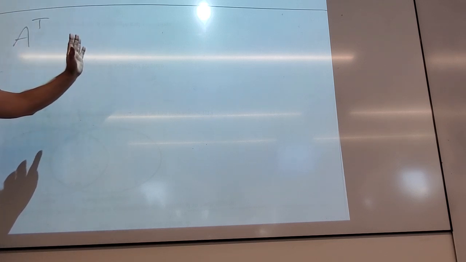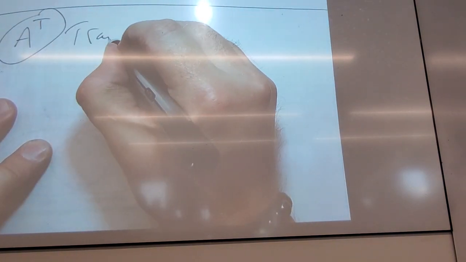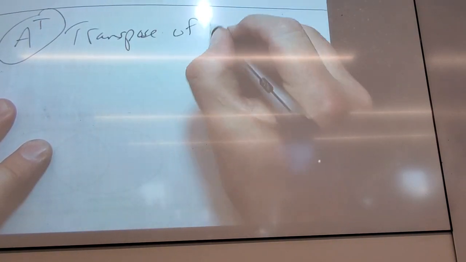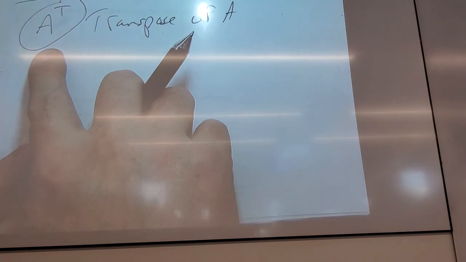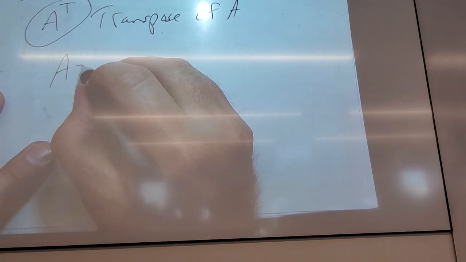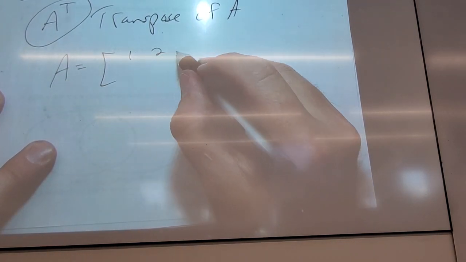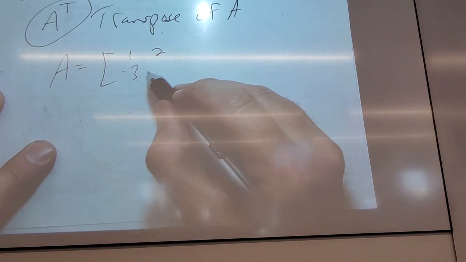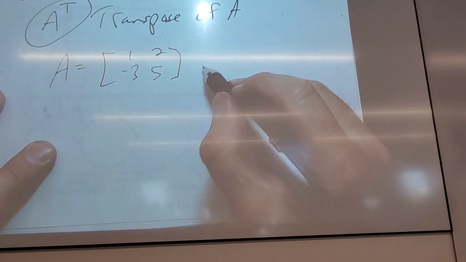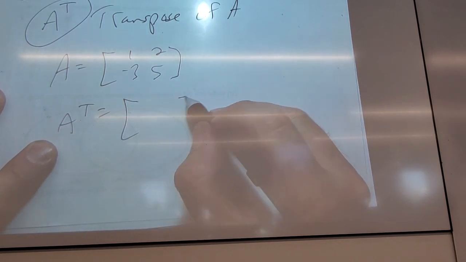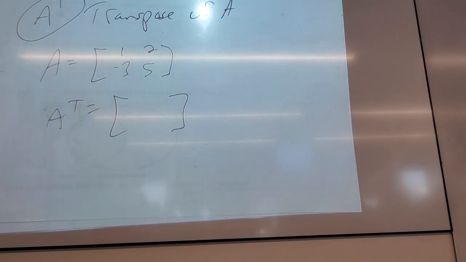Does that make sense? So, for example, you just read it as A transpose. If A was 1, 2, -3, 5, what is A transpose?